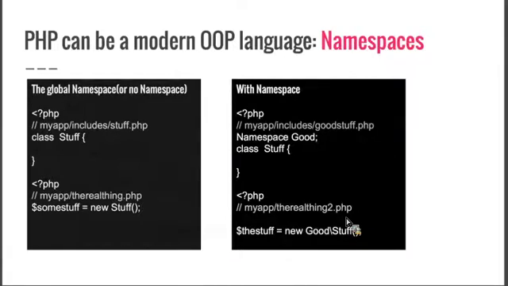And then I have another file that makes a new instance of this and builds a new stuff named some stuff. Well, with namespaces, I get this first declaration, namespace good, and then I define again class stuff.